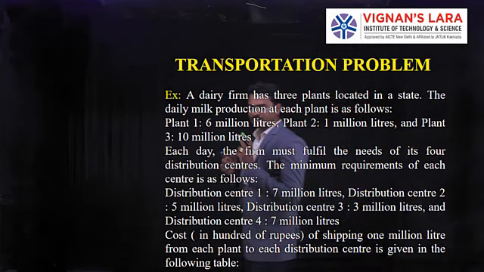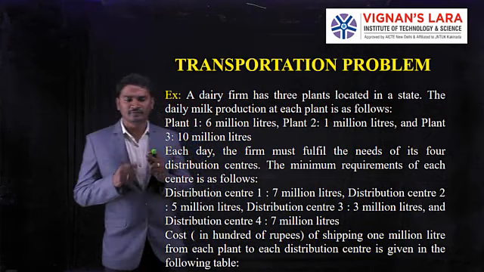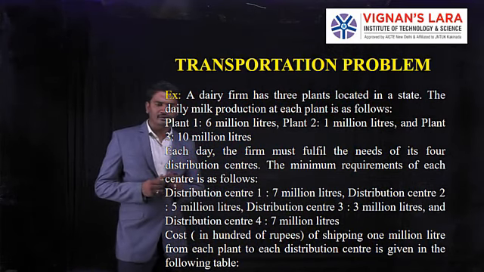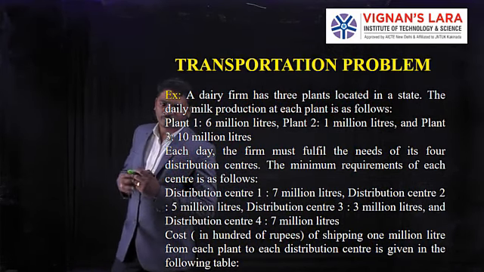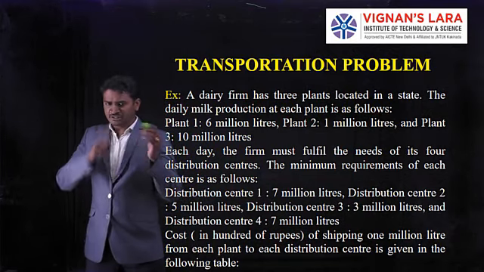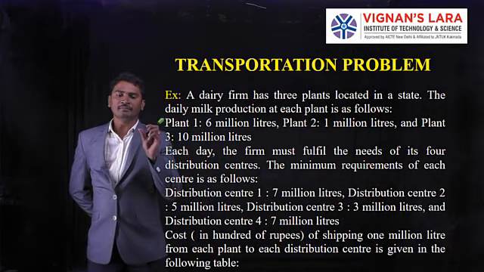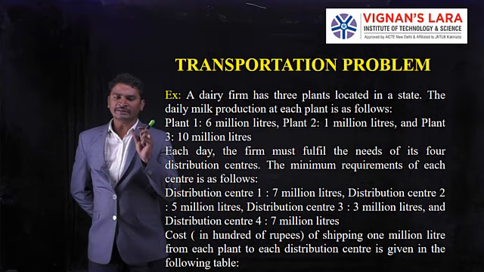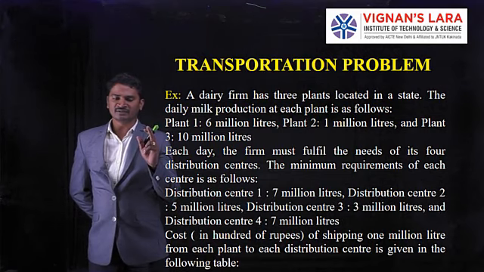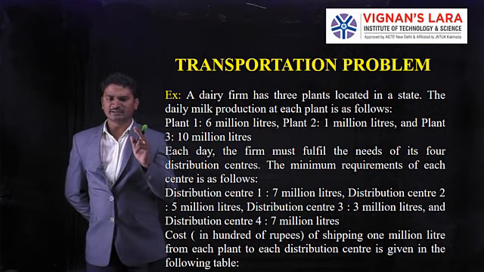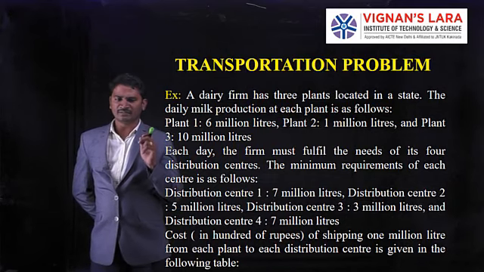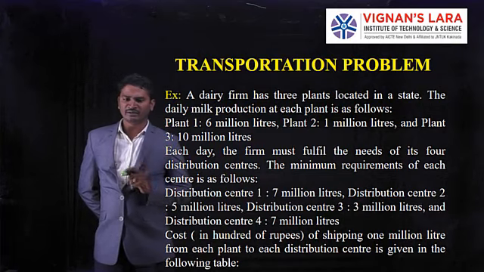Each day the firm must fulfill the needs of four distribution centers. The minimum requirements of each center are as follows: distribution center 1 is 7 million liters, distribution center 2 is 5 million liters, distribution center 3 is 3 million liters, and distribution center 4 is 7 million liters.